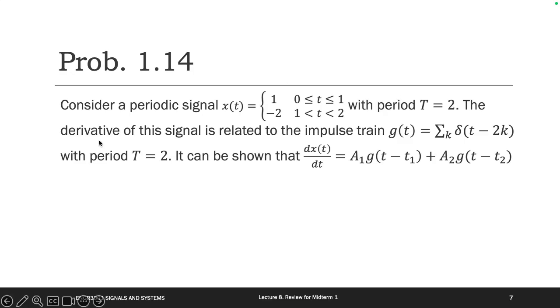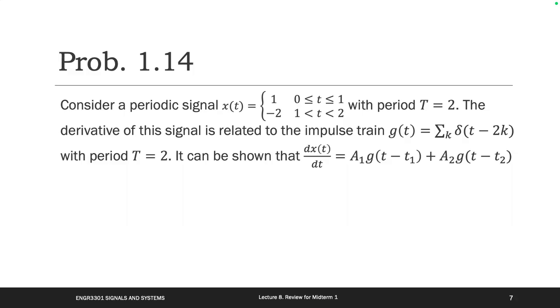The derivative of the signal is related to the impulse train, this one, and it can be shown that the periodic signal and the impulse train have a relationship. The question asks you to decide what A1, A2, T1, and T2 are. Do you remember?